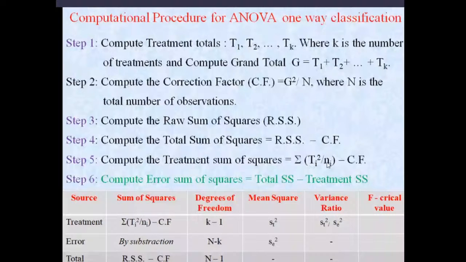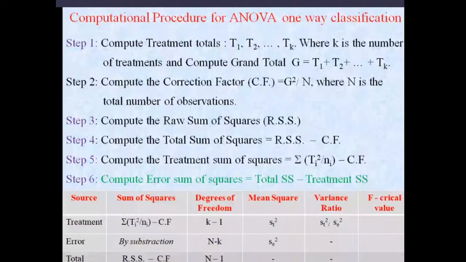So in the first class only 2 observations are there, so that total squared divided by 2. Suppose the second class total is T2, and in the second class there are 10 observations, then T2 square divided by 10, like that, minus the correction factor.